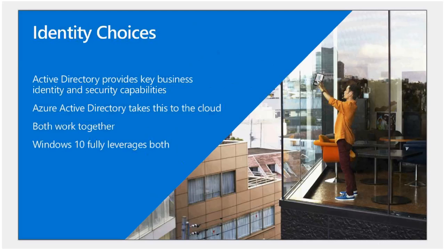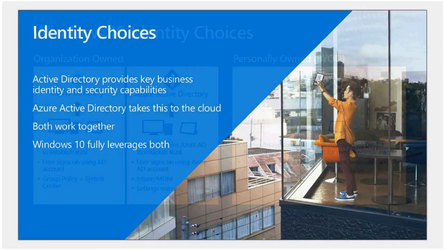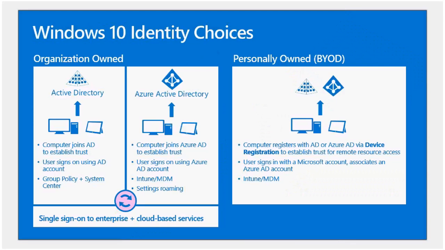What you would typically do instead is use them both together and potentially use different ones for different groups of machines. Remember, we're talking about identity choices, so you can pick and choose. To support that, we would typically set up synchronization between Active Directory and Azure Active Directory.